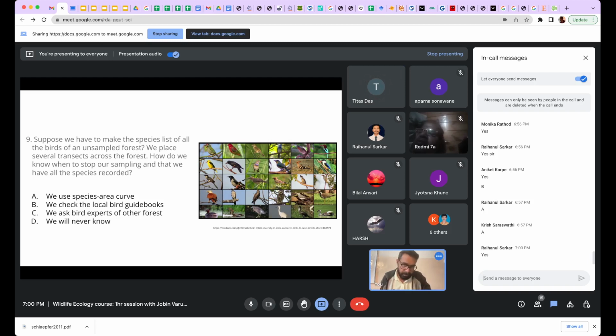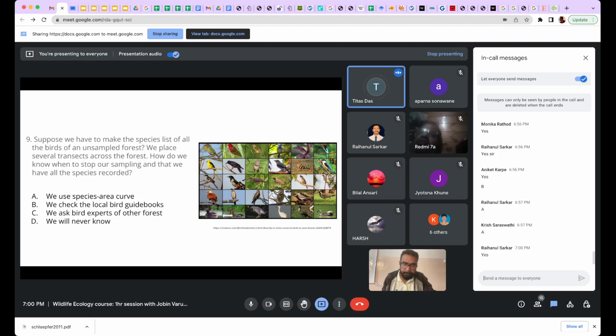Okay, so in the first transect we saw 7 species of birds. In the second transect we saw 5 species that we have already seen in the first transect. We don't see the other 2 species, but we see new species, like 3 more species. So how many total species have we seen till now? 8 species, sir.